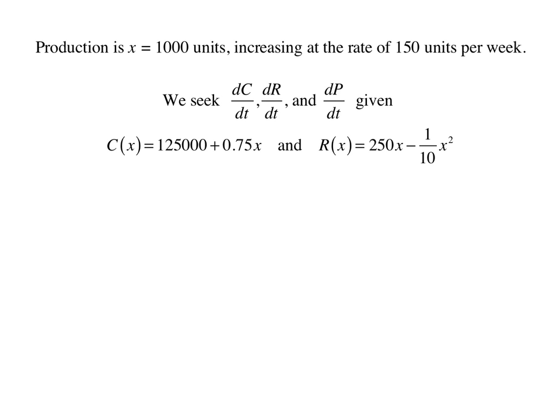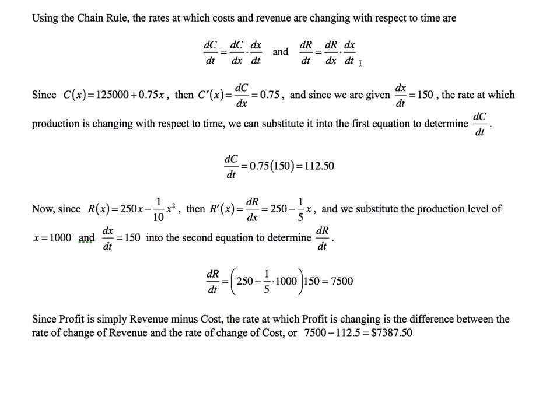And now at this point I'm going to switch over to the handout that we used in class. So dC/dt, the rate at which cost is changing with respect to time, is the rate at which cost is changing with respect to quantity, times the rate at which quantity is changing with respect to time. Your question on the exam will be exactly like this, except there will be different numbers.